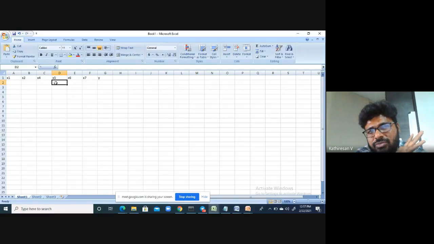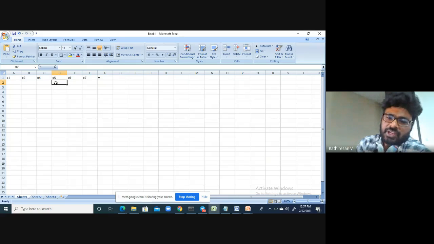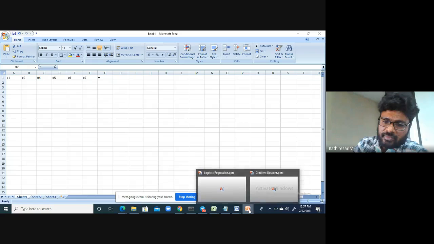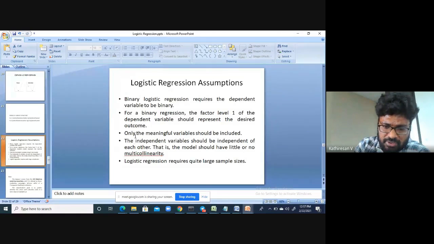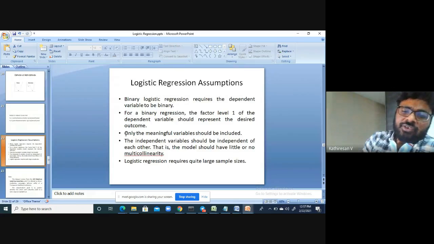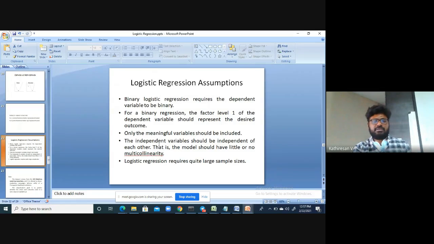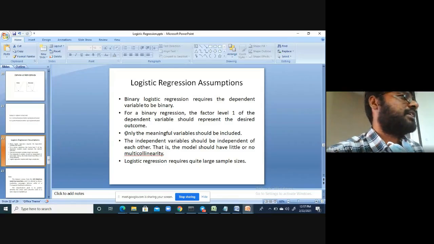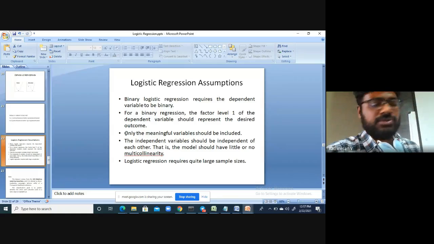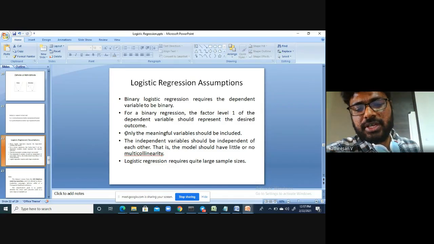If you are dealing with many attributes, you can set a correlation threshold, remove variables, and reduce the dimensionality. That option is also there, and it is up to you. Only meaningful variables should be included. If there is no correlation or the data is irrelevant, you should eradicate it.